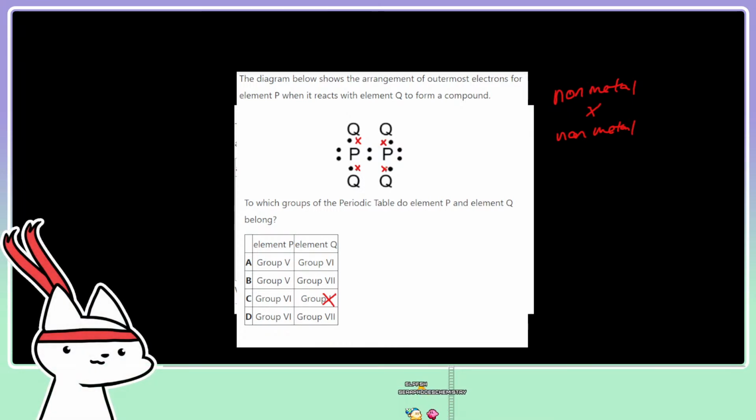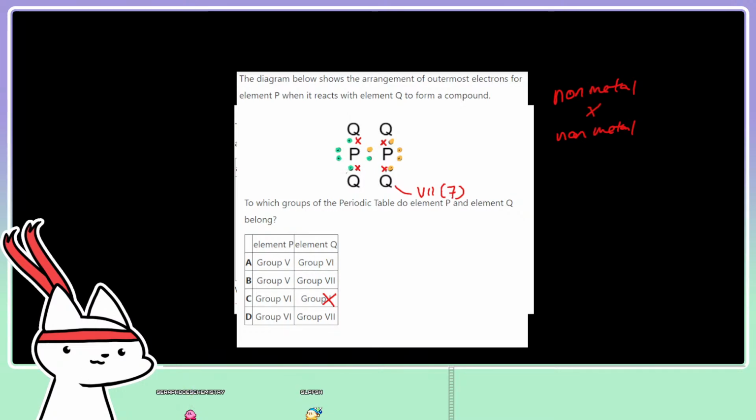Then when it comes to D, by sharing 1, Q most likely is group 7. And then when it comes to P, the tricky part lies in how you count: 1, 2, 3, 4, 5. Then the other P is 1, 2, 3, 4, 5.